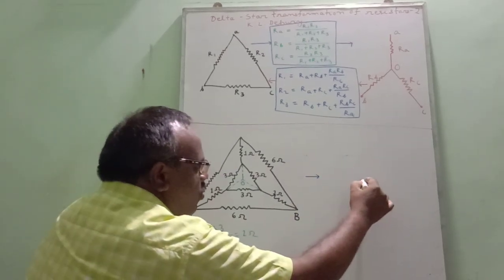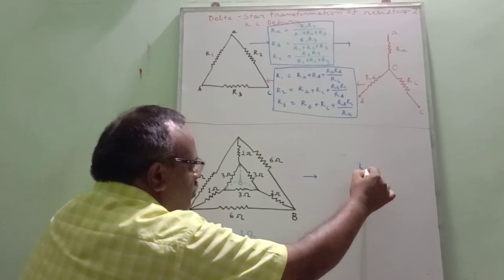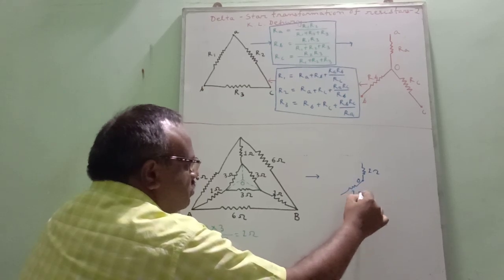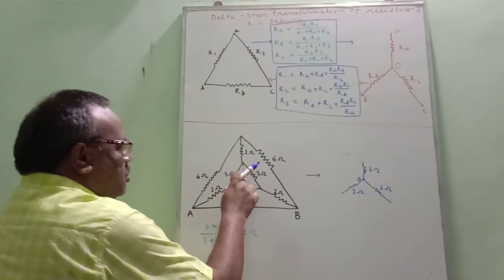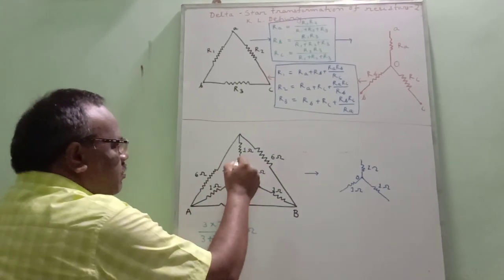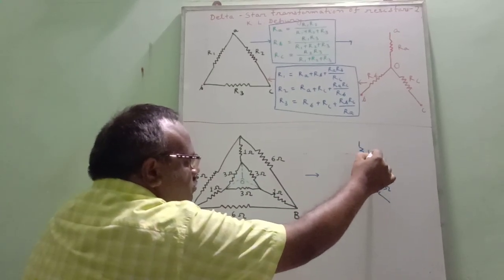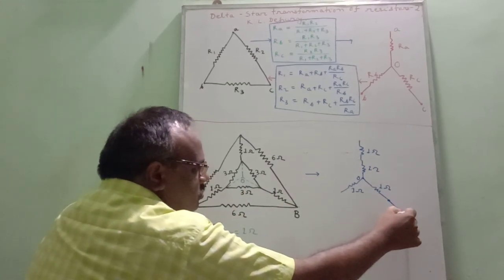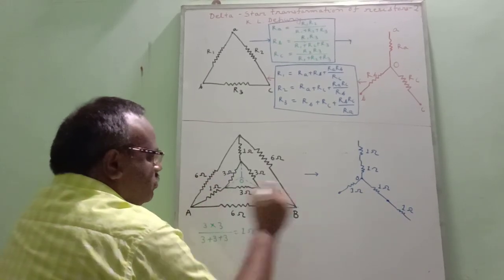So at O, here we are getting 1 ohm, this side 1 ohm, this side 1 ohm. So these three are reduced. Now from this point there is 1 ohm, 1 ohm. From this point also there is 1 ohm, 1 ohm. From this point also there is 1 ohm.